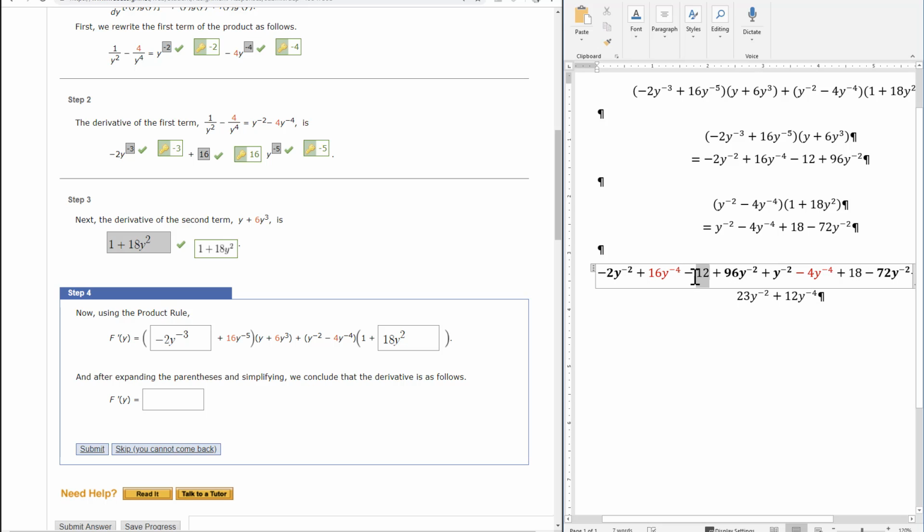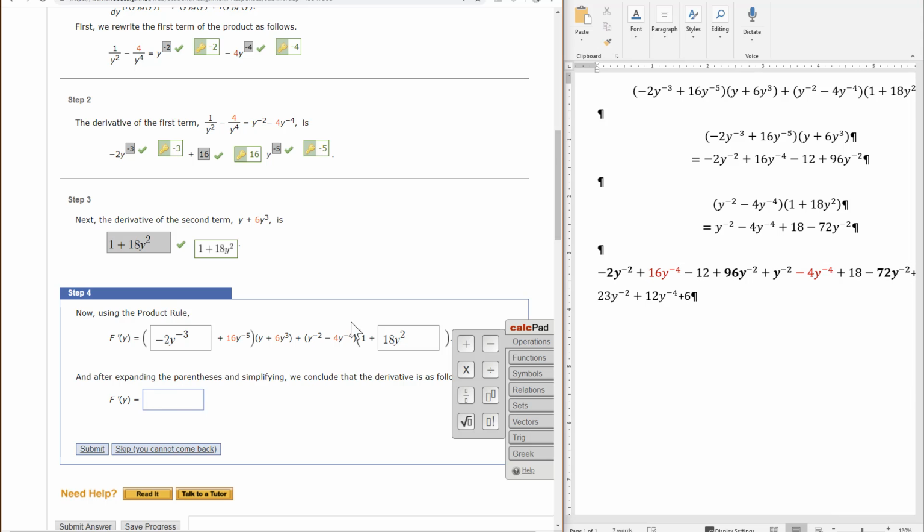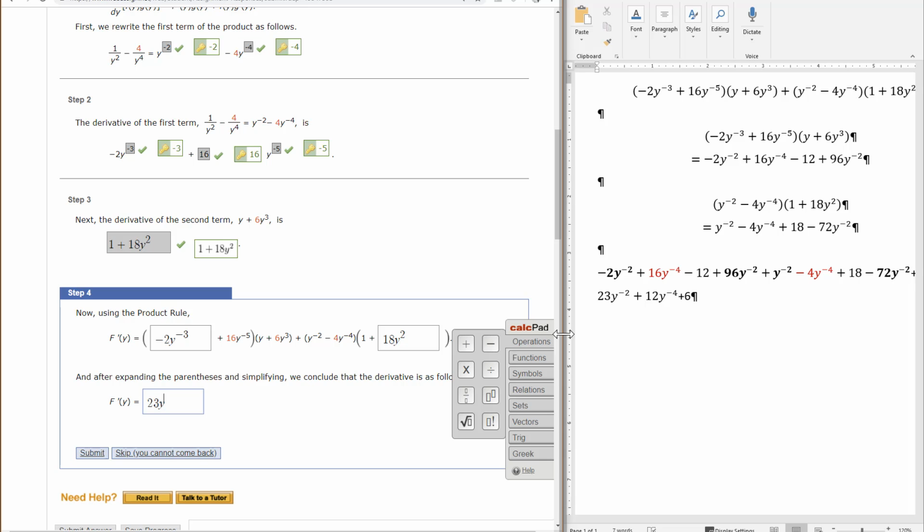And then the rest are constants. We have a 12, -12, and 18. So we subtract, we're going to get a positive 6. Alright, so all that hard work simplifying, we're going to get 23y to the -2nd power plus 12y to the negative fourth power, and then we have a plus 6 at the end.